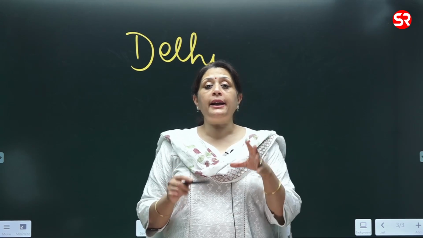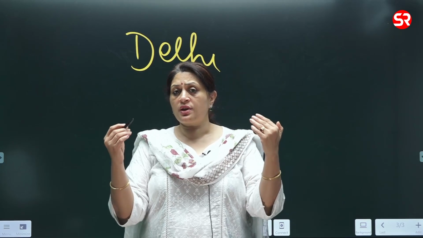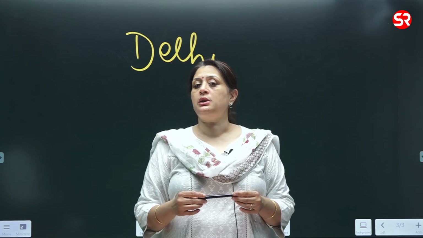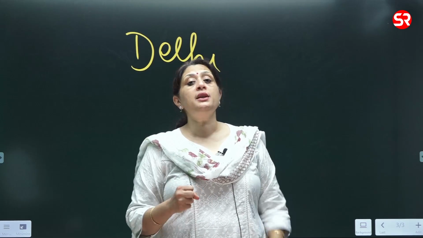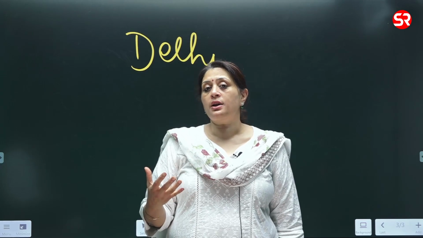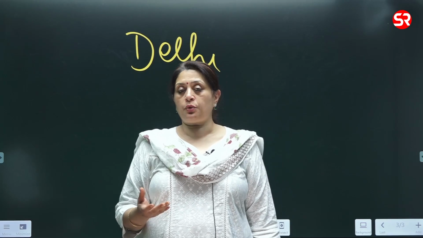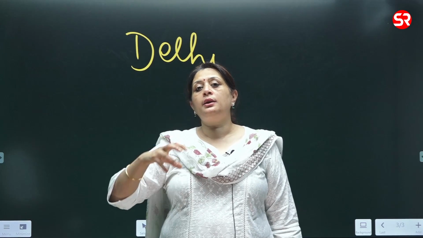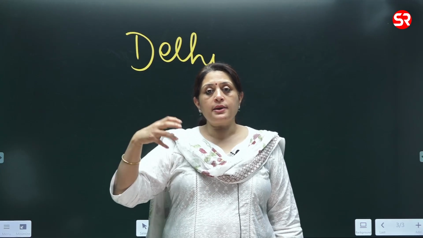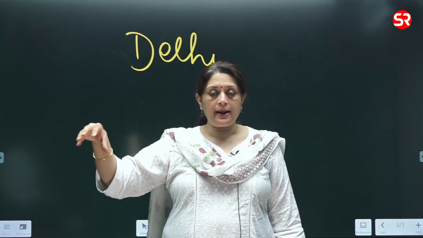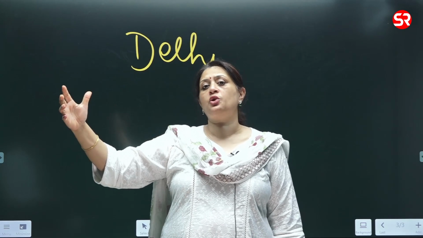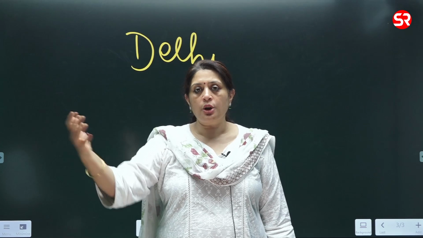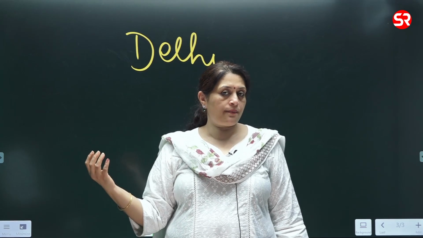Delhi emerges on the political scene with significance, and we start talking and reading about Delhi primarily when the Chauhans started ruling Delhi, the Parmars and the Chauhans. You must know about Prithviraj Chauhan.